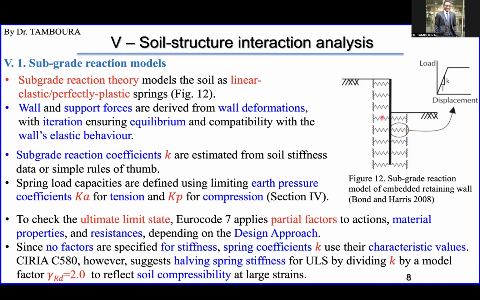And the ground has a subgrade reaction coefficient K. This is how the soil reacts when, for example, this sheet pile wall pushes on the ground.